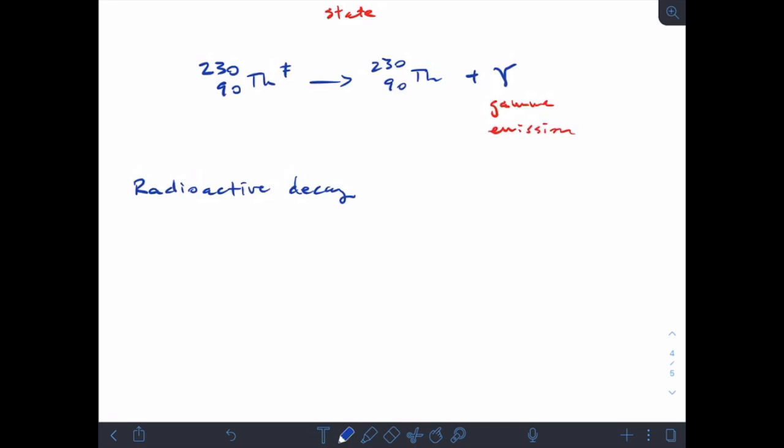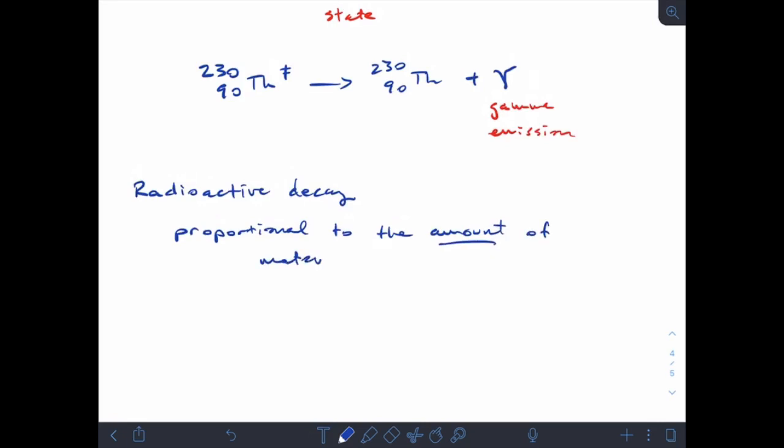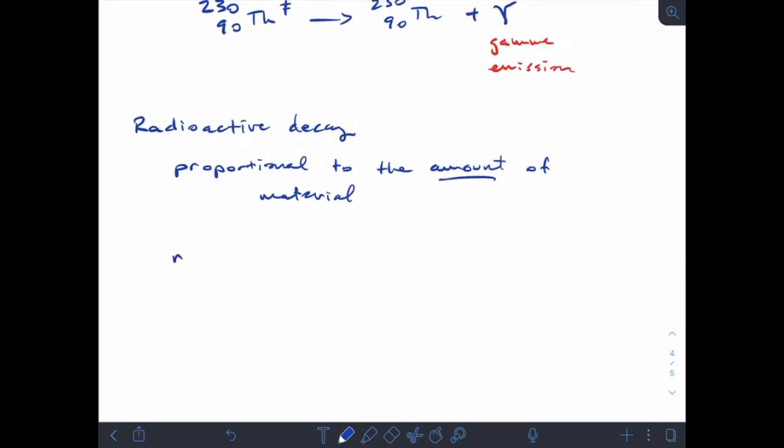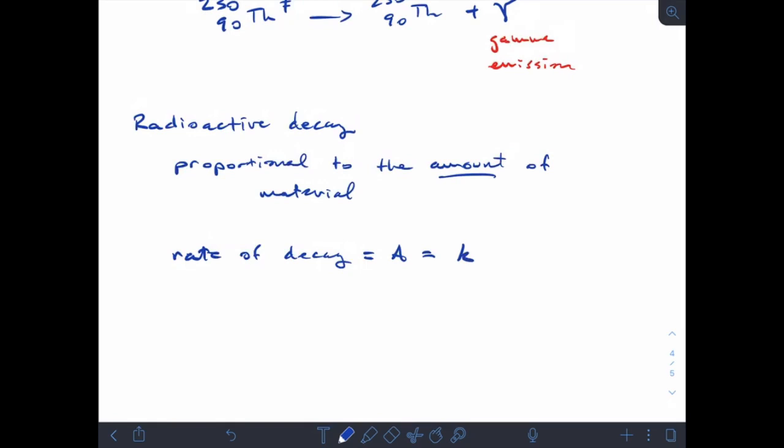So radioactive decay is proportional to the amount of material you have. Okay, and we have an equation for that. So the rate of decay is related to the activity, A, which is related to a constant, the decay constant, and the amount of material present.